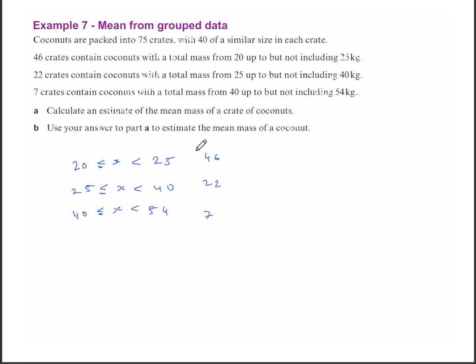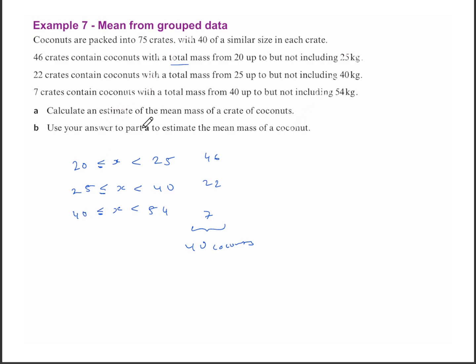And each of those crates has 40 coconuts in it. Now we're told to calculate an estimate of the mean mass of a crate of coconuts. Remember, each of these crates has 40 coconuts, and this weight is the weight of the crate, because they tell us that the total mass is such.